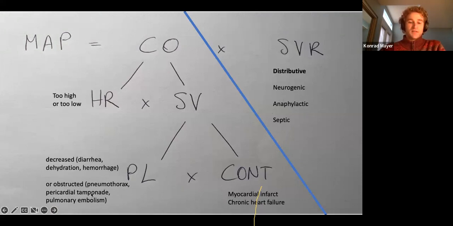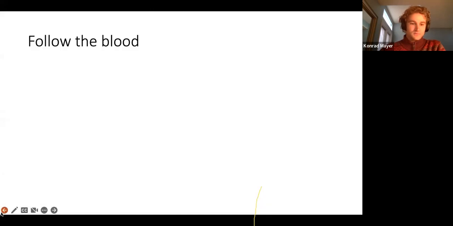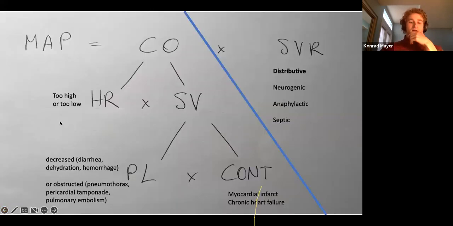But now moving on to this side of the formula, I couldn't differentiate this into cardiogenic because cardiogenic is in multiple locations here. But when we go through these different factors that could tie into cardiac output, we can see what's going wrong.